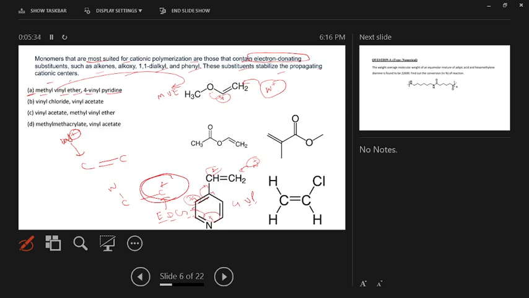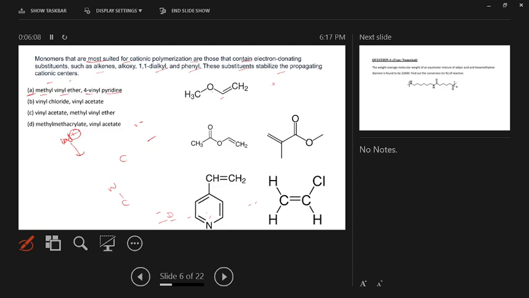But nitrogen has one lone pair, which can be used to stabilize this positive charge. So this molecule is also very suitable for cationic polymerization. We have discussed these two molecules, and both are suitable.